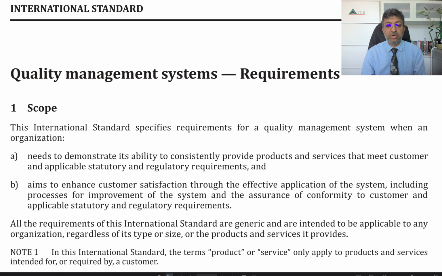All requirements of this international standard are generic and are intended to be applicable to any organization regardless of its type or size or the products and services it provides. So this is the scope of the standard.